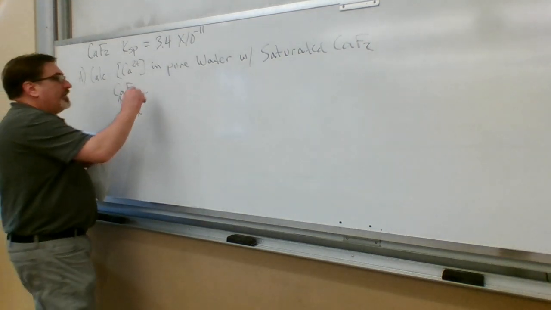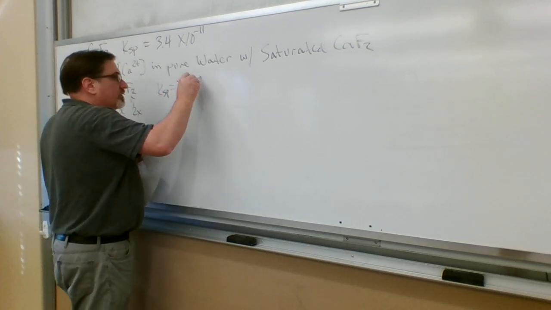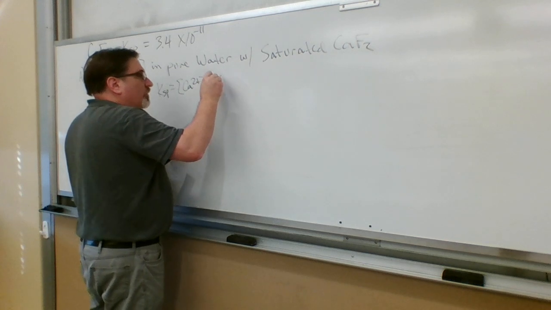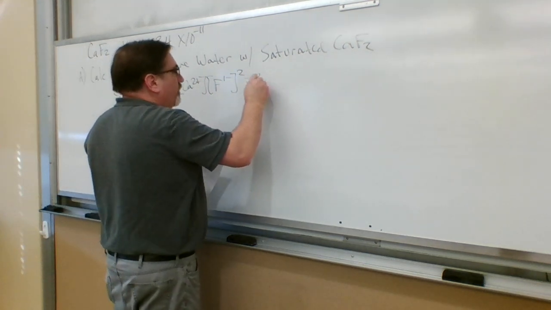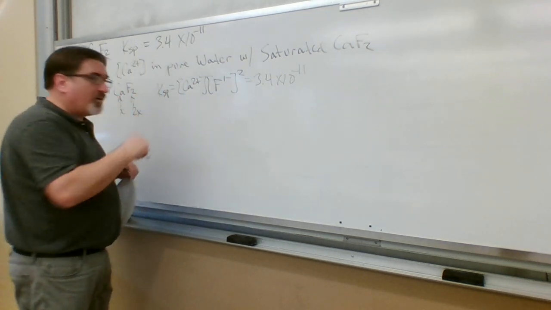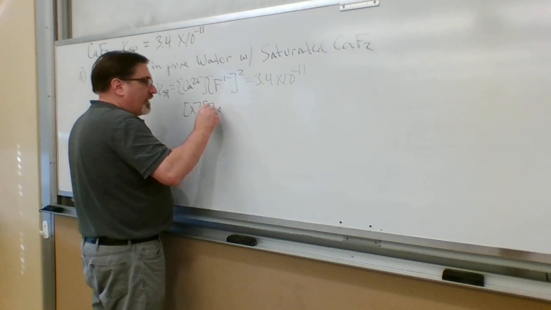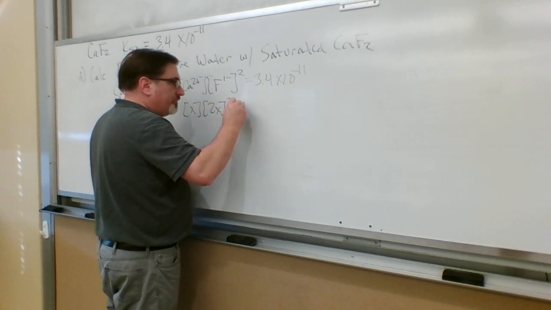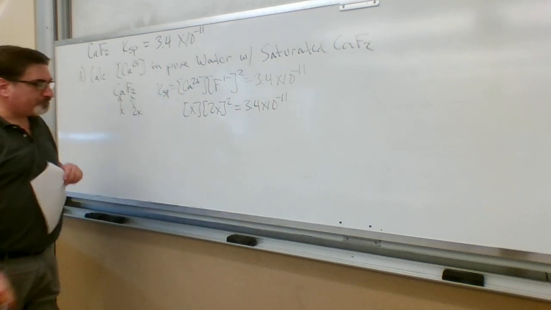So our KSP is equal to the concentration of Ca2+ times F minus squared. It has a numeric value of 3.4 times 10 to the minus 11. Plug in our algebra. So we have X and 2X quantity squared equals our KSP number.